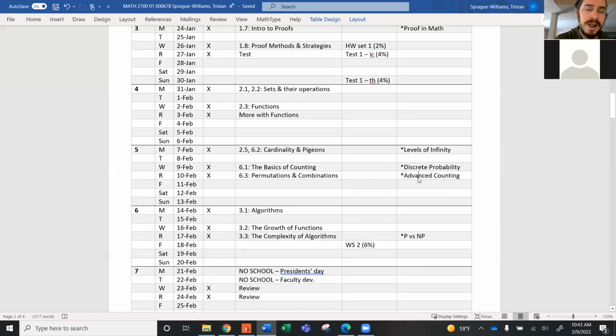Also going off of counting, there are a lot of challenging counting problems that involve different strategies, riffing on the idea of permutations and combinations. You can develop all kinds of other strategies for counting types of things. An example is something called a derangement, where a derangement is like a permutation of a set where no element in the set remains in the same location.